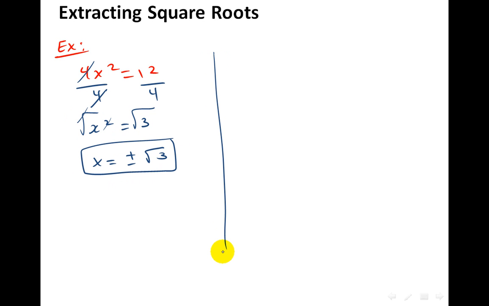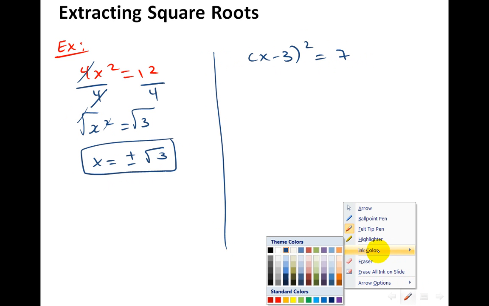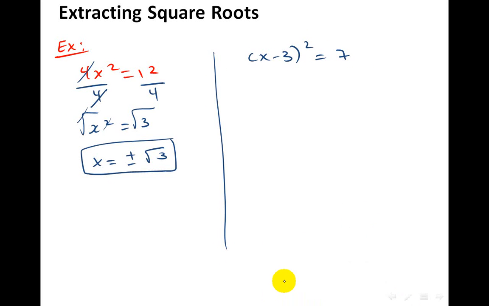Okay, another example. Here it says x minus 3 squared equals 7. So to get rid of this square, again you put root for both sides. This square will be cancelled out with this root, so you'll have x minus 3 equals plus or minus root 7.